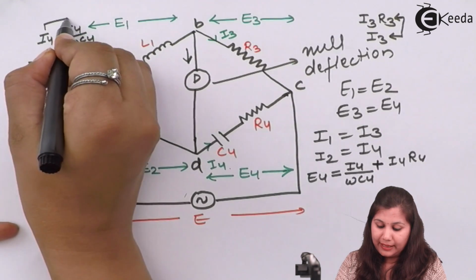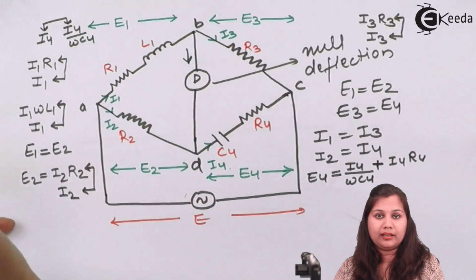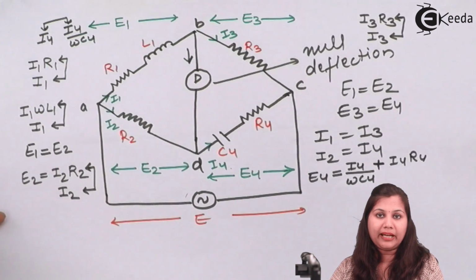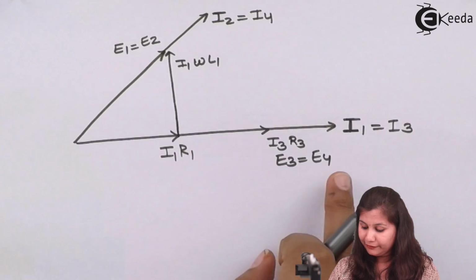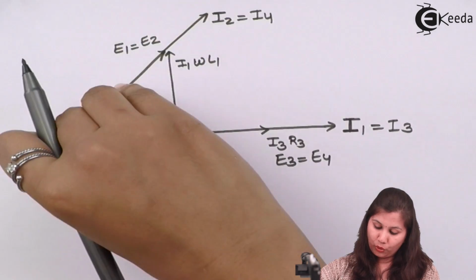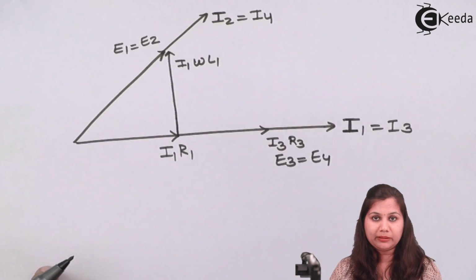So this current and the potential will be in a phase relationship. The voltage is going to lag the current by 90 degrees. I4 we have drawn on this line, so the voltage will be 90 degrees lagging behind it.